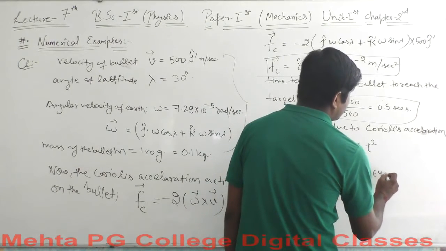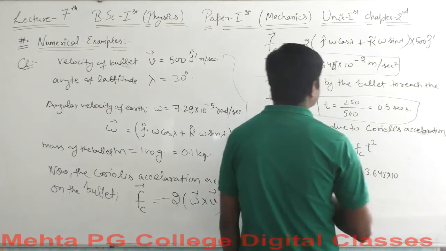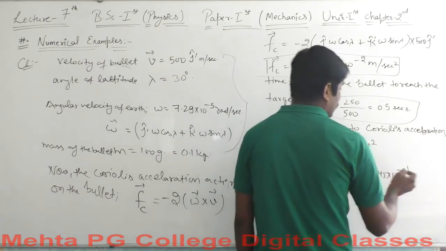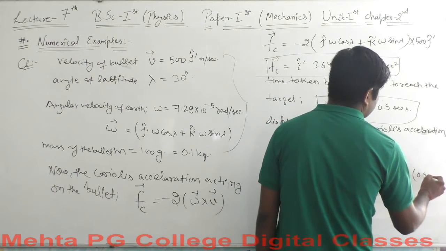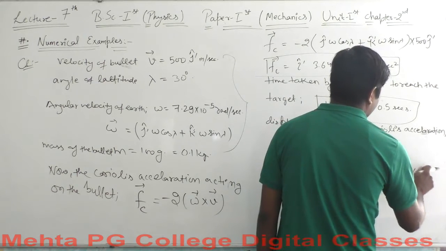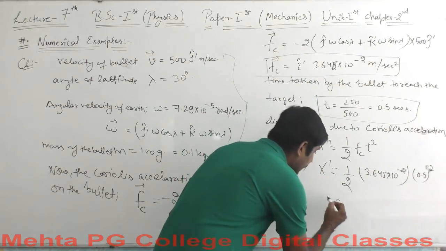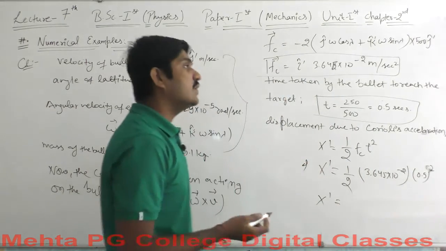3.645 into 10 to the power minus 2 into 0.5 square, that is equal to 0.25. And so what would be the actual value of x dash?